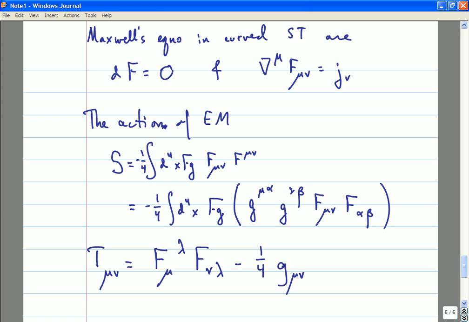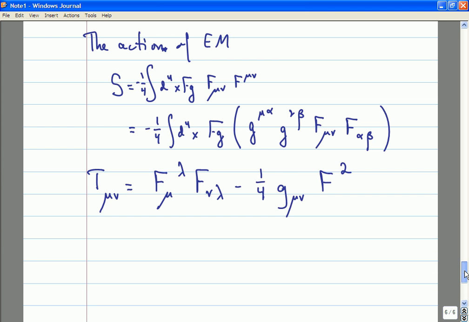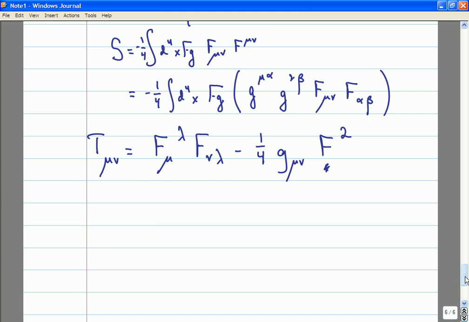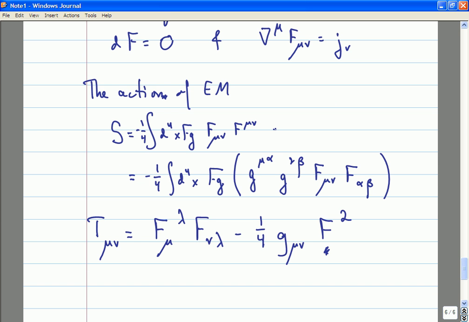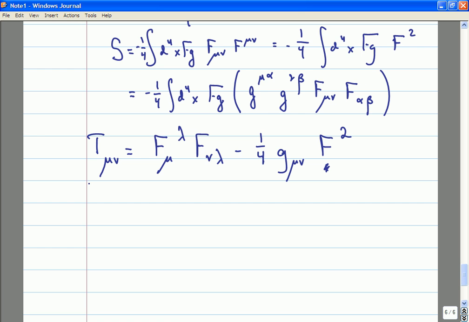So here, by F squared, I just mean F_μν F^μν. So this is the variation of minus 1/4 the integral d^4x root minus g of F squared. So this is the stress tensor of electromagnetism. And we can then go ahead and write down the equations of motion of general relativity and electromagnetism together. And we could even give those equations a fancy name.